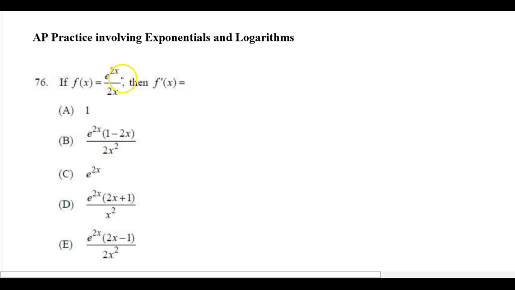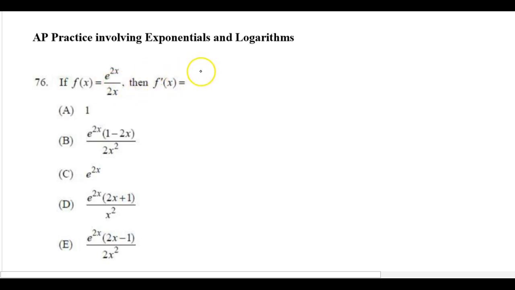I want to sometimes see if it's worth it to do any simplifying first to avoid the quotient rule, but in this case, I want to take a quick glance at my answers, and one of the things I want to notice is that the answers all look like quotients. So I'm probably not going to get out of doing the quotient rule here. That's the strategy that I want to use, so I'm not going to rewrite it using any algebra first. I'm just going to jump straight into the quotient rule.